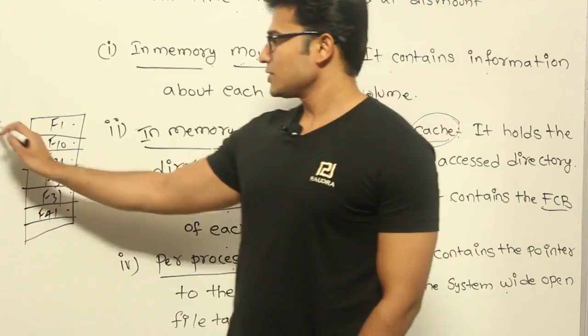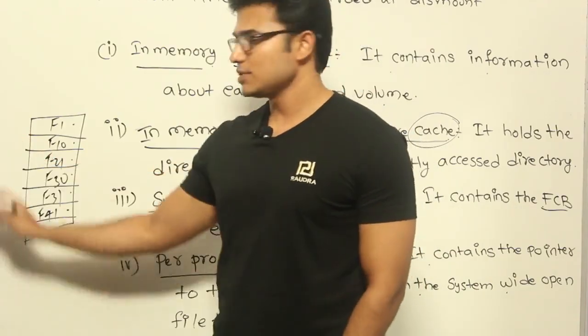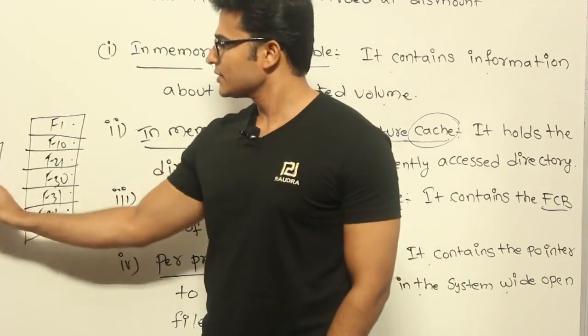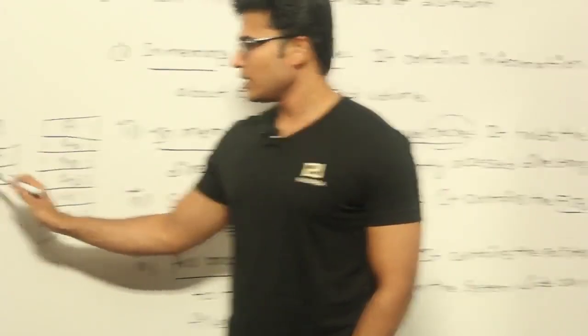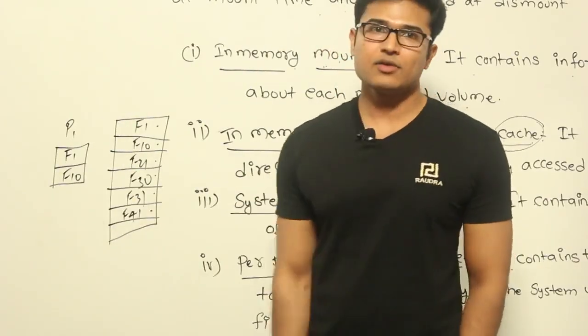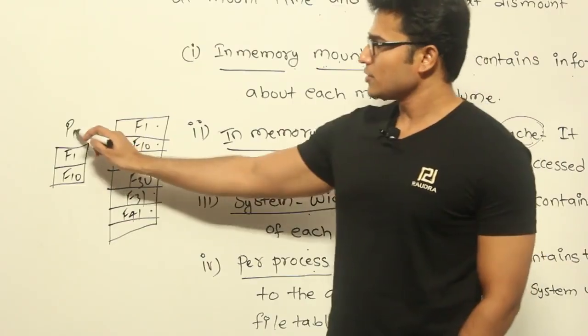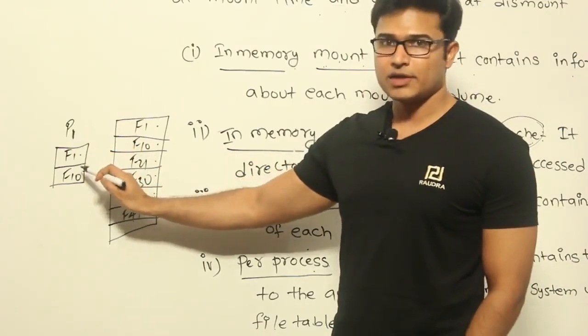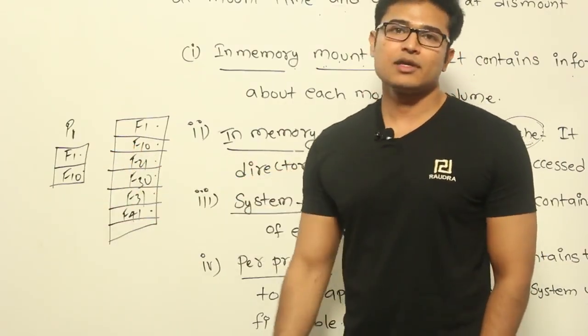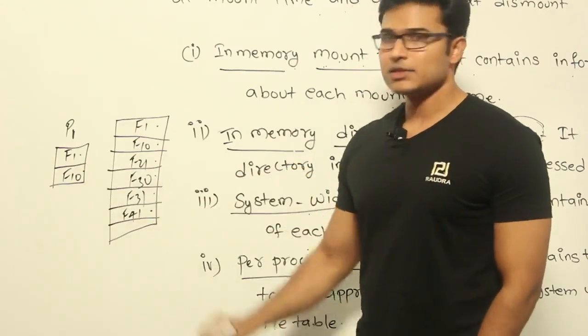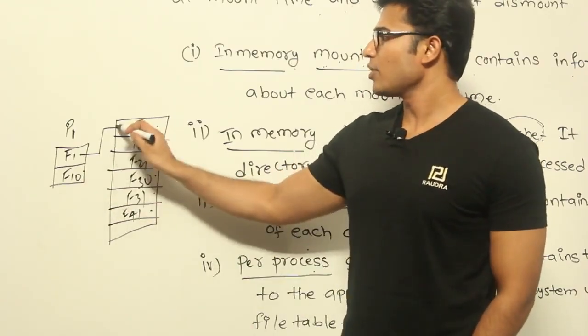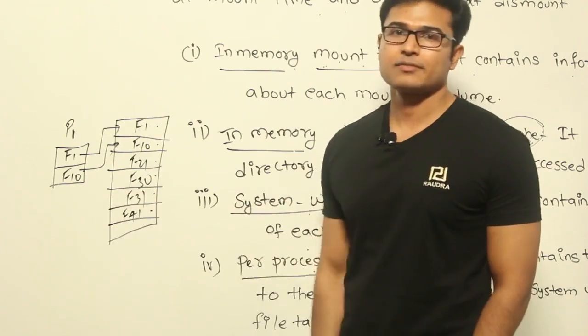Now if there is a process P1, and if the process P1 has opened the files, let's say F1 and F10, it need not contain the file control block again, isn't it? If a process P1 has opened F1 and F10, it need not replicate the file control blocks of F1 and F10. Since they are already present in this table, it can just have a pointer to this. That is the meaning of it, right?